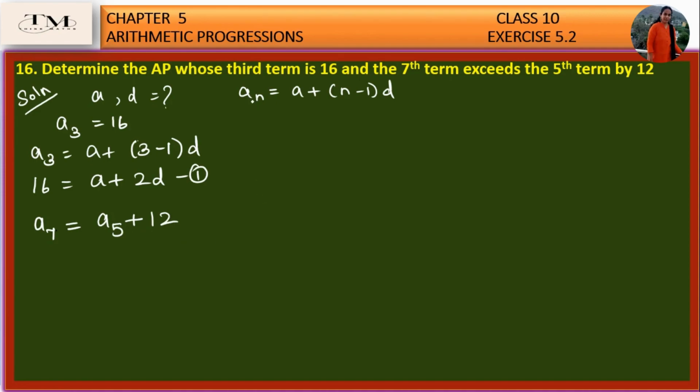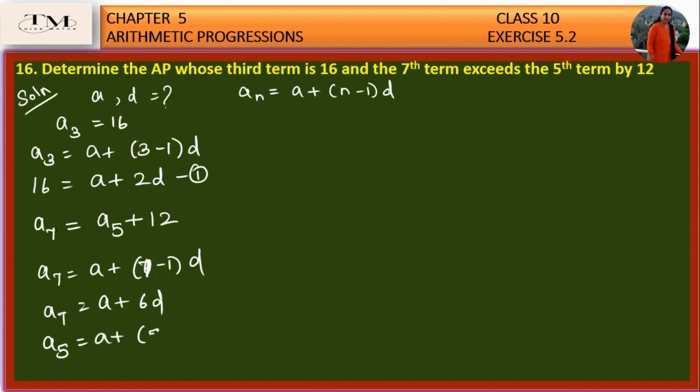If you put n is equal to 7, we get a7 equal to a plus 7 minus 1 into d, so a7 will be equal to a plus 6d. If we put n is equal to 5, a5 will be equal to a plus 5 minus 1 into d. So this means a5 equal to a plus 4d.